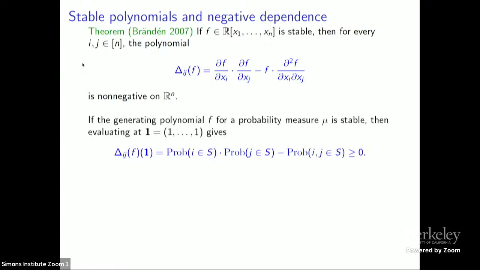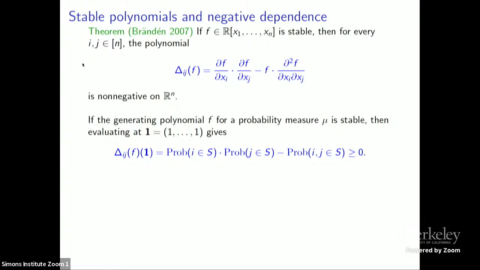For example, if you evaluate this function here at a point, namely the all ones vector, it tells you something about the probabilities of various elements appearing in a randomly chosen subset. So the setup is you're choosing a random subset of the numbers 1 through n, and you have maybe your two favorite elements, i and j, and you want to understand what's the likelihood that they show up and how those likelihoods relate to each other.